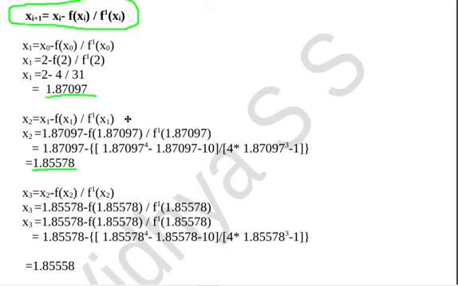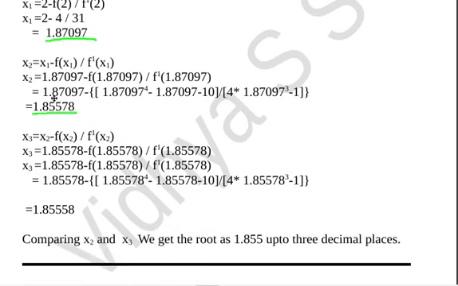See here in our question, we are trying to get a solution with a precision of 3 decimal points, right? So now it is 1.8 and 1.8, only 1 decimal point matches, so I need to continue the iteration. x3 is equal to, again, x2 minus f of x2 by f dash of x2.